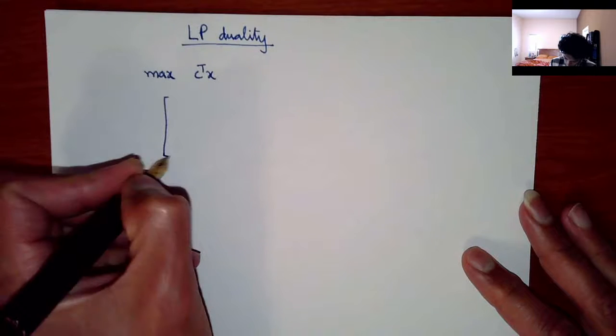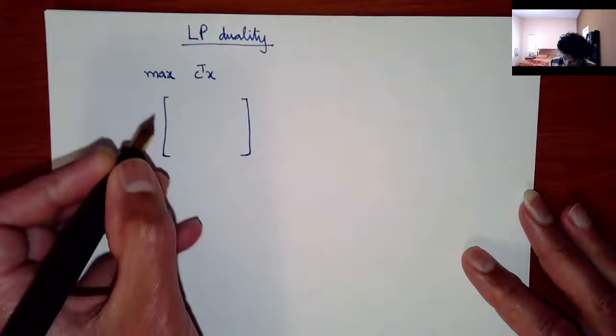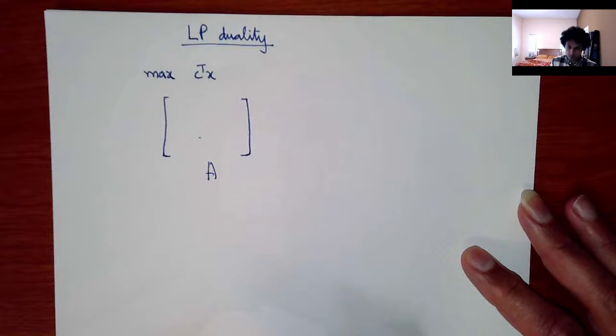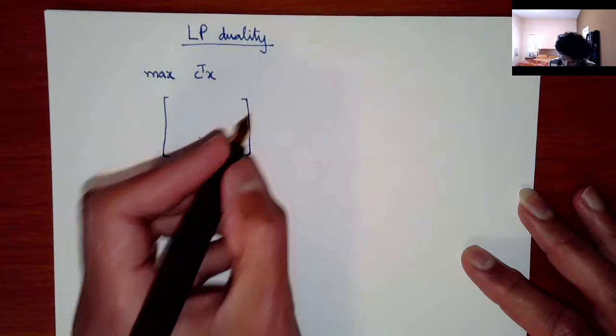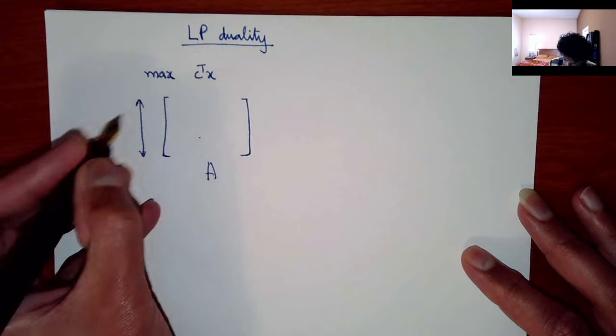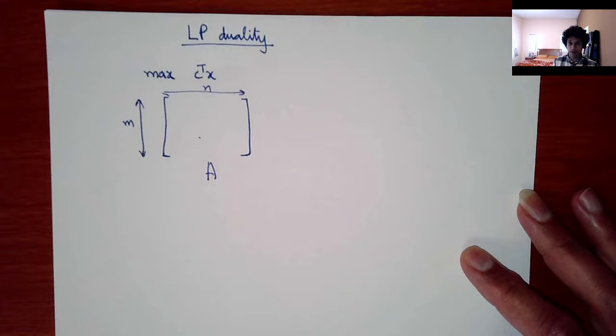Here's our constraint matrix, A. Remember that A is going to be an M cross N matrix.